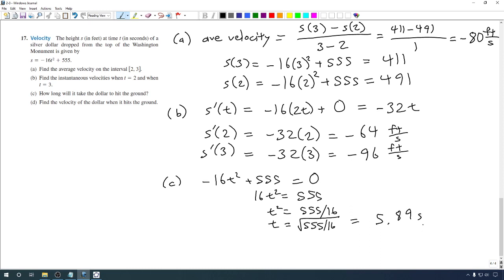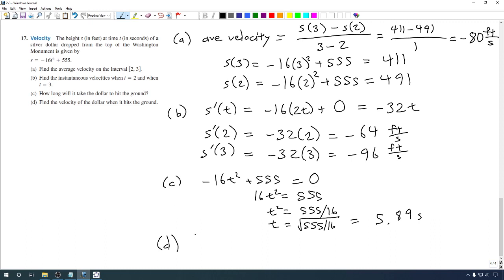That's a little bit rounded, so actually rounded up a little bit. That means that after approximately 5.89 seconds, this silver dollar will have hit the ground. Started at 555 feet in the air, and now it's down at the bottom after that amount of time.